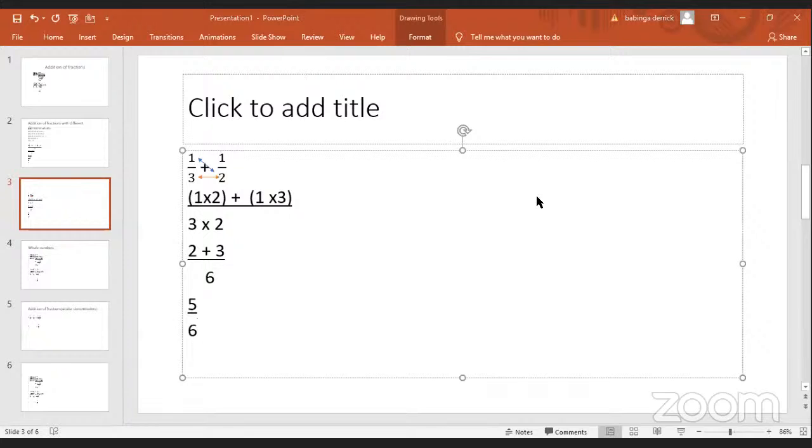So Esther, can you share with me? Esther, can you hear me? Yes, I do. Which of the two methods could you choose to use? The second one. Okay. Peace, which one could you choose?